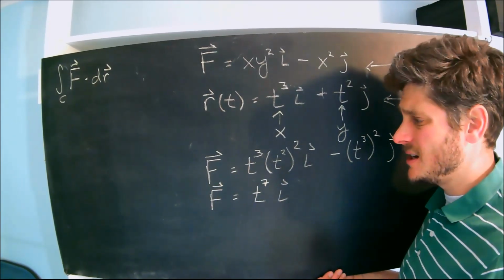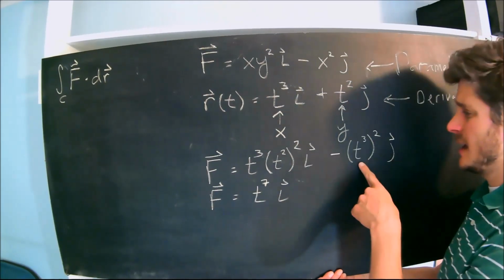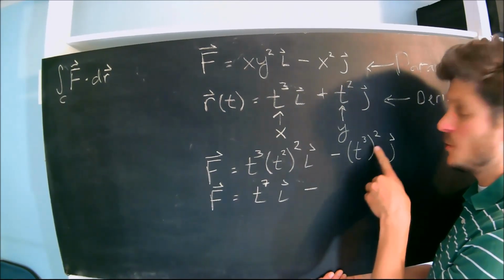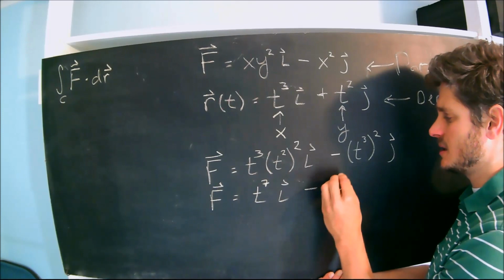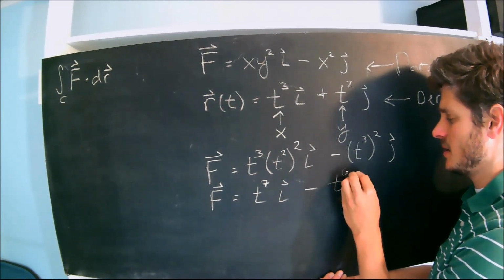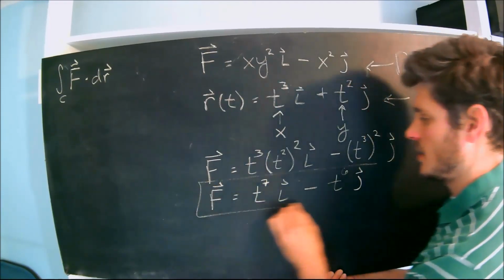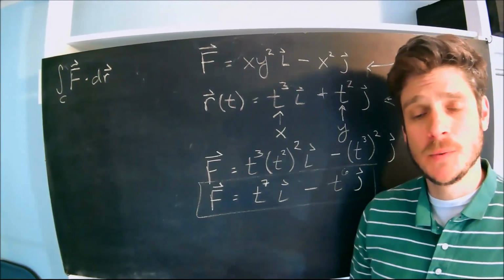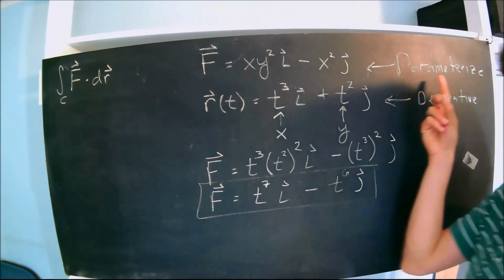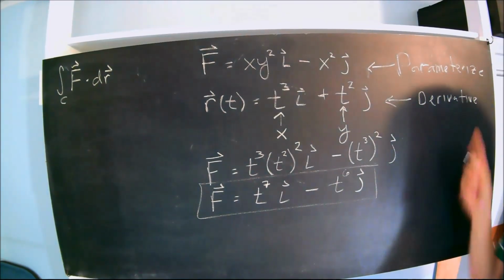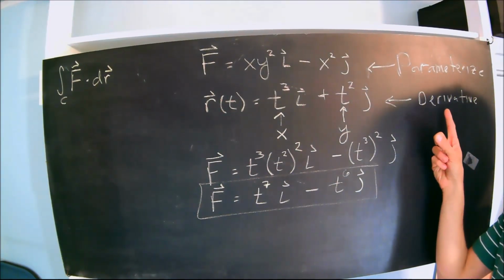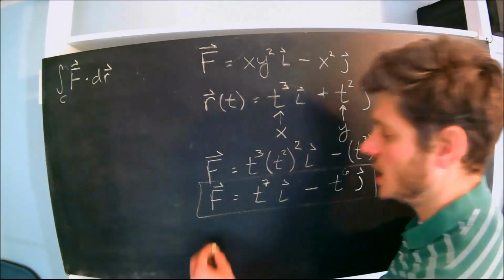But t to the seventh in the i hat component, and then minus t cubed squared, which is really t to the sixth in my j hat component. So that's the first part. We needed to parameterize f, and we did.